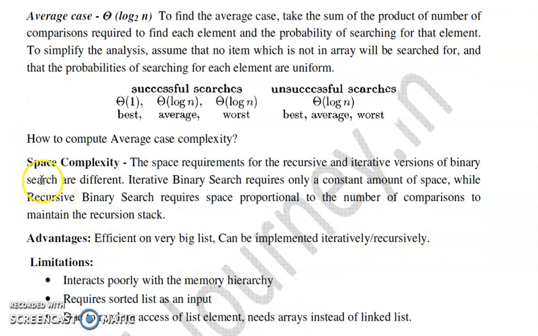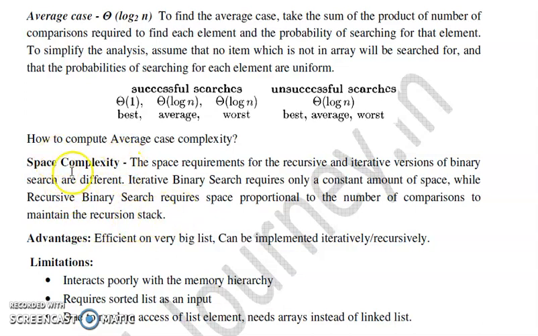So let us discuss the space complexity of this algorithm. The space requirement for the recursive and iterative versions of the binary search algorithm is different. Iterative search requires only a constant amount of space, while recursive binary search requires space proportional to the number of comparisons to maintain in the recursion stack.